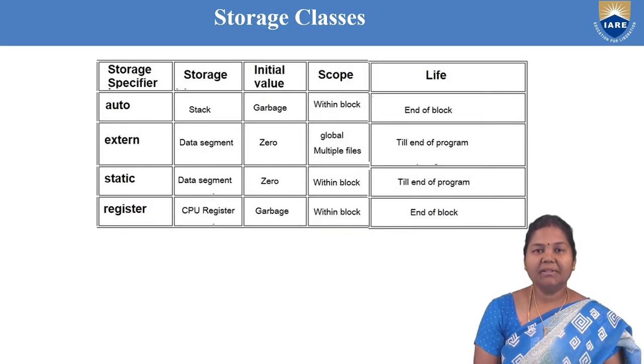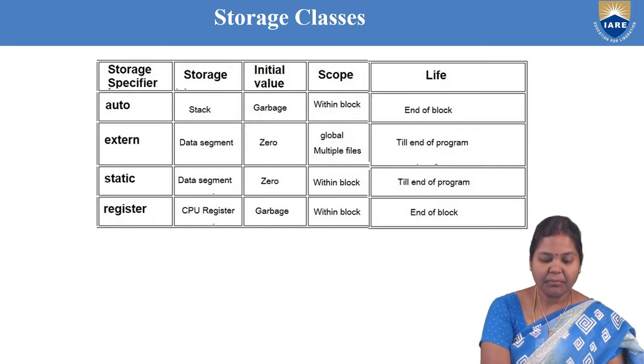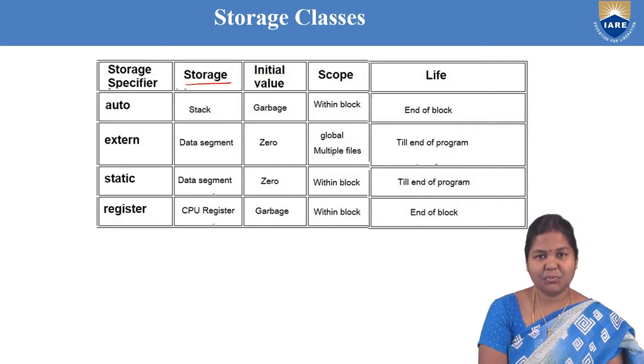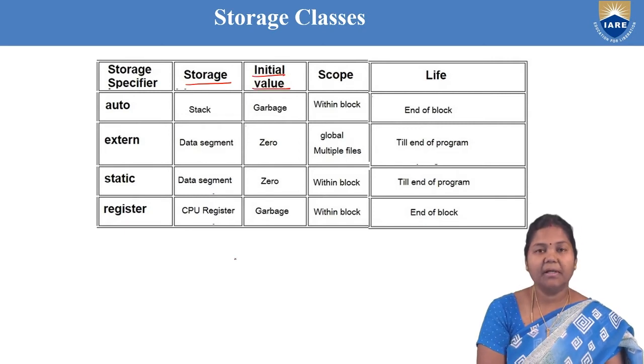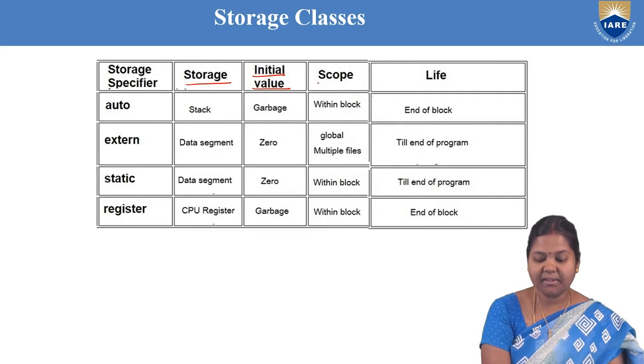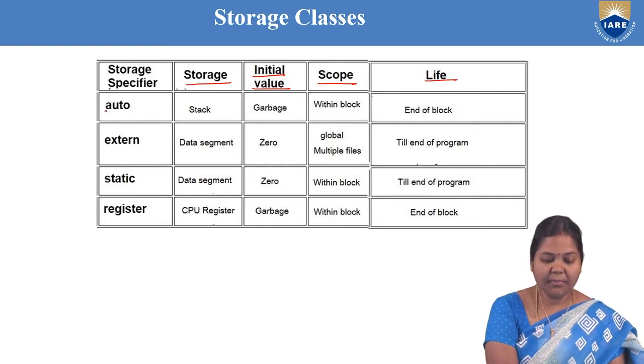In the overall concept of storage class, four important points are there in every storage class: where the variable is stored, that is the storage; what is the initial value if a variable of that storage class is declared; what is the scope of the variable; and what is the lifetime of the variable. First, the automatic storage class.